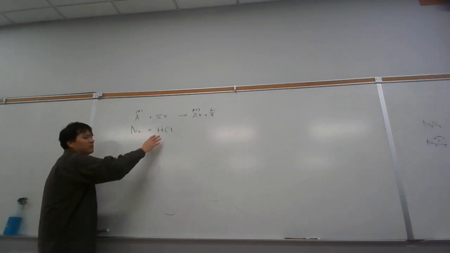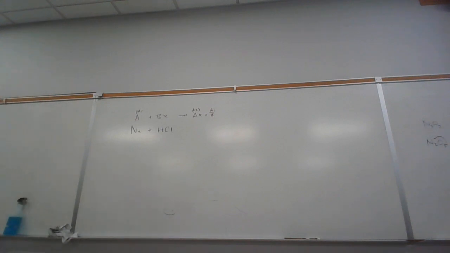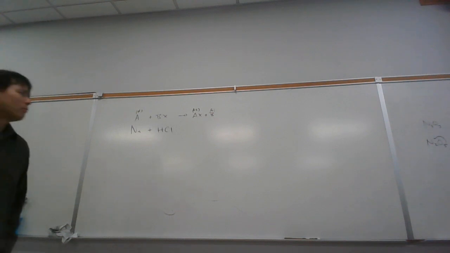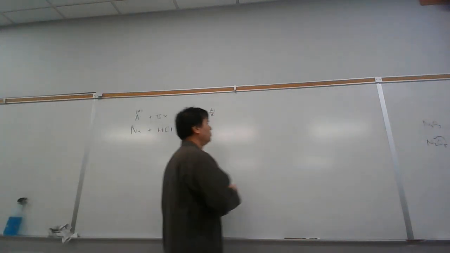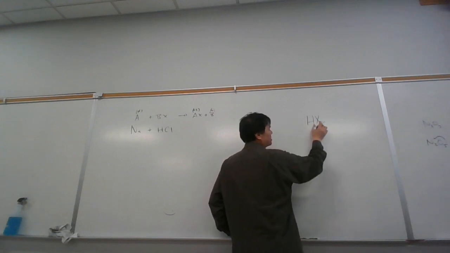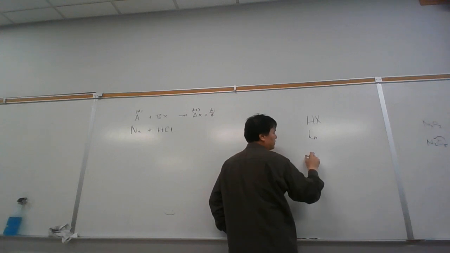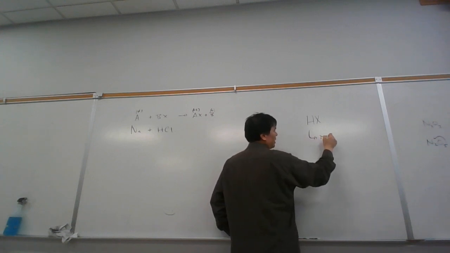And then when we look at HCl, is HCl an oxidizing acid or is it a mineral acid? Well, when we look at acids, acids we'll just call HX. X is the anion for this. We have two types when we're thinking about redox chemistry. We have the mineral acids.